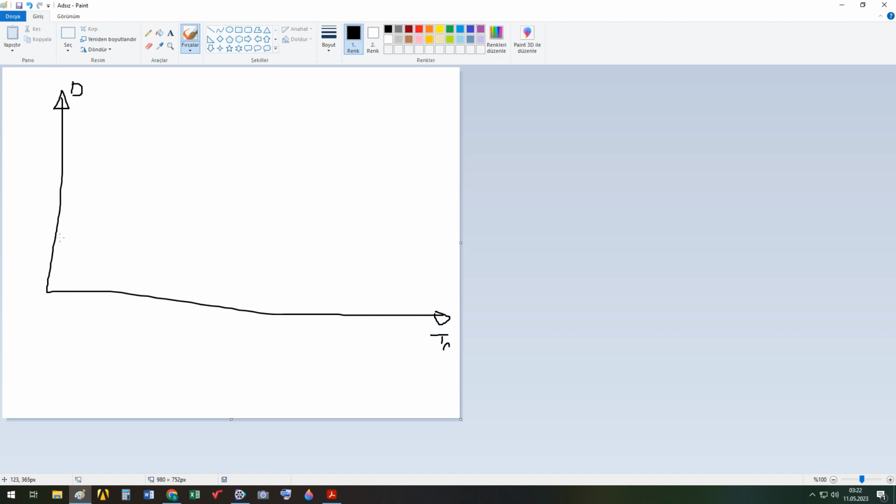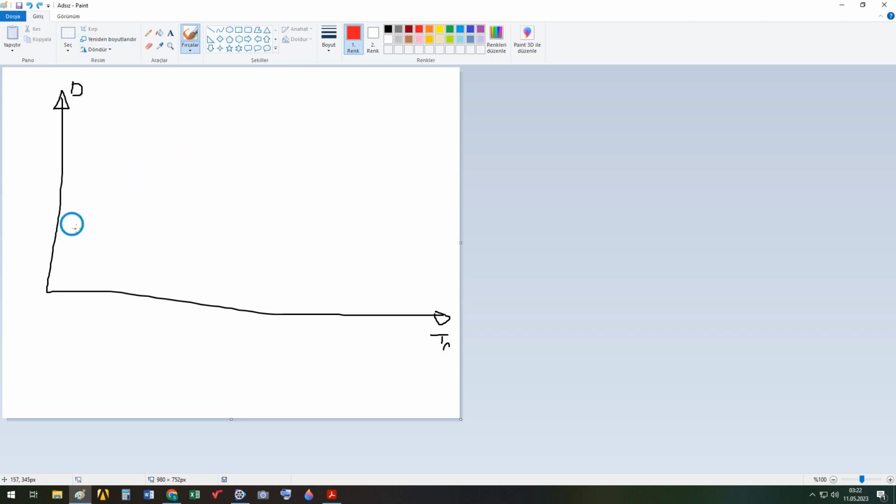And my response spectrum is something like this. It's a curve. But instead of this curve, I want to use an idealized response spectrum, which is created by straight lines, which is approximated by straight lines. Okay, this is the first thing that we do.